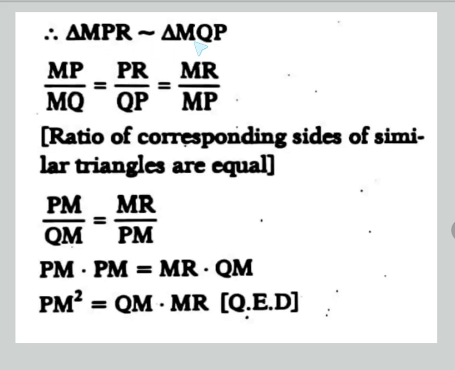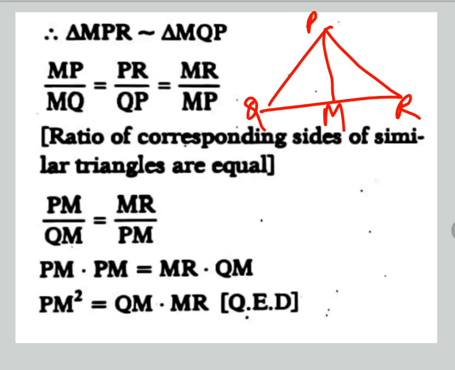From MPR and MQP, both similar triangles, we can write MP by MQ is equal to PR by QP, and that equals MR by MP.